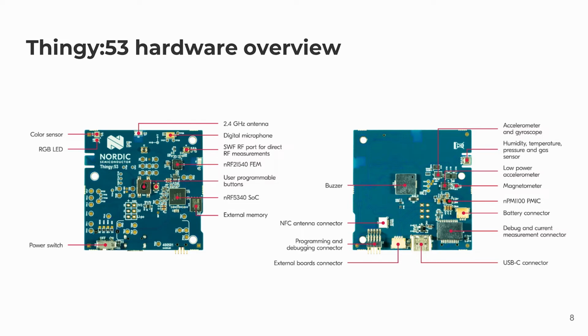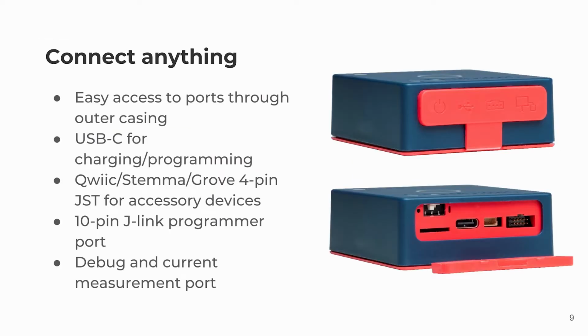And paired with this powerful processor, we have integrated a wide variety of sensors. Here you can see the PCB layout of the Thingy53. It has a color sensor, an RGB LED, a digital MEMS microphone, user programmable buttons, an accelerometer and gyroscope, and an environmental sensor that senses humidity, temperature, pressure and gas.